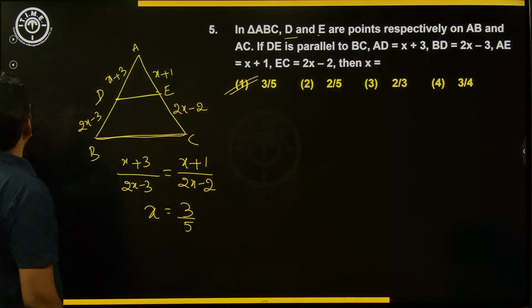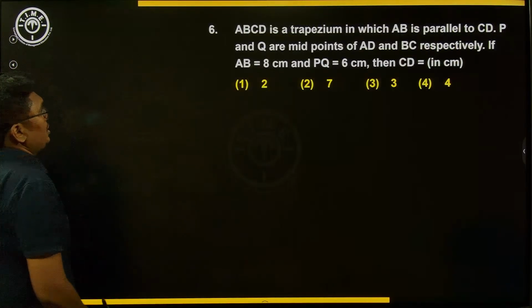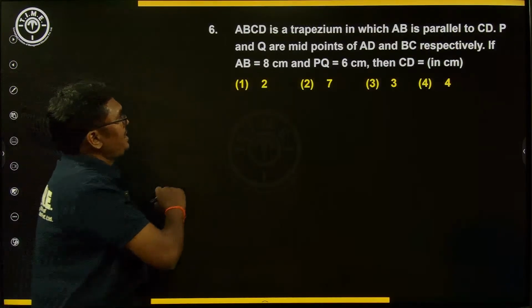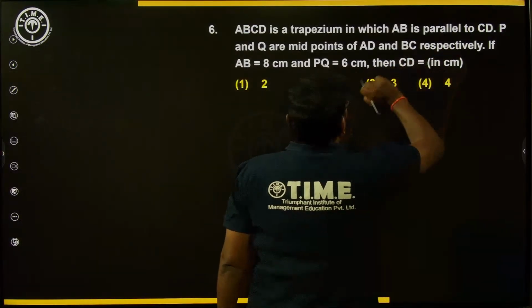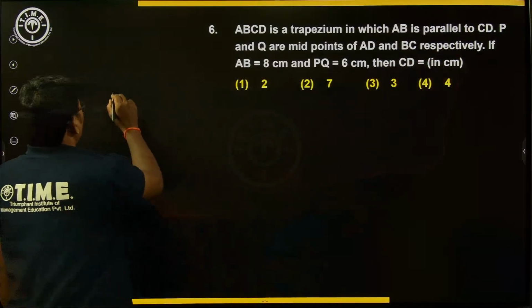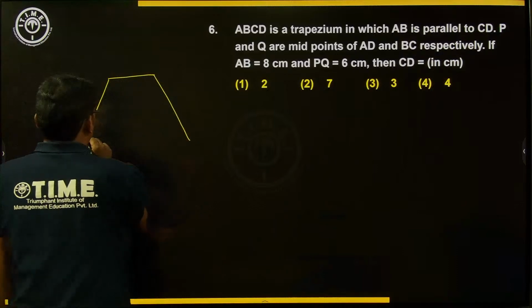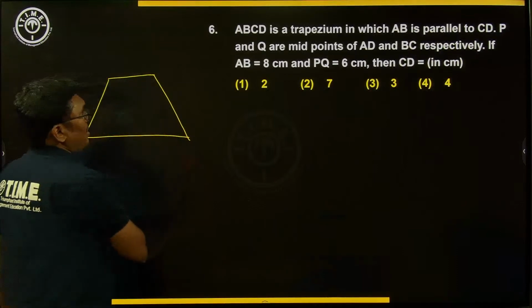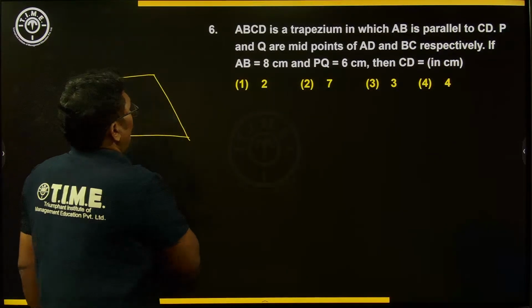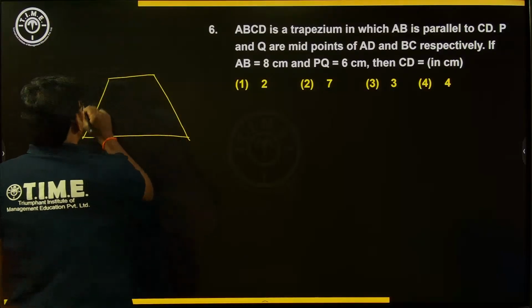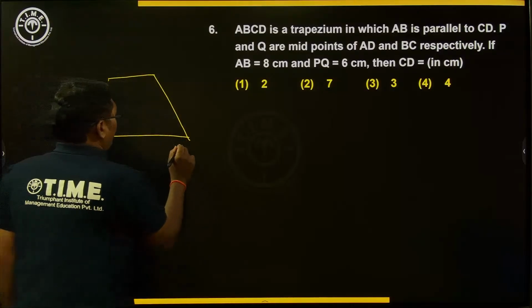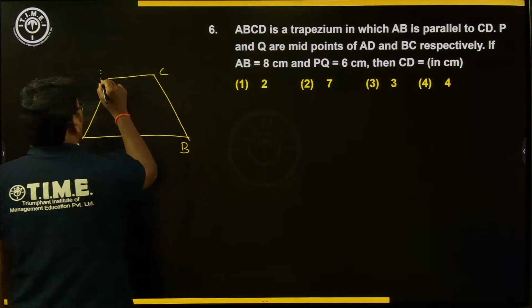Next. Question number 6. So ABCD is a trapezium in which AB is parallel to CD. So this is trapezium, and these two are parallel sides, AB, CD.